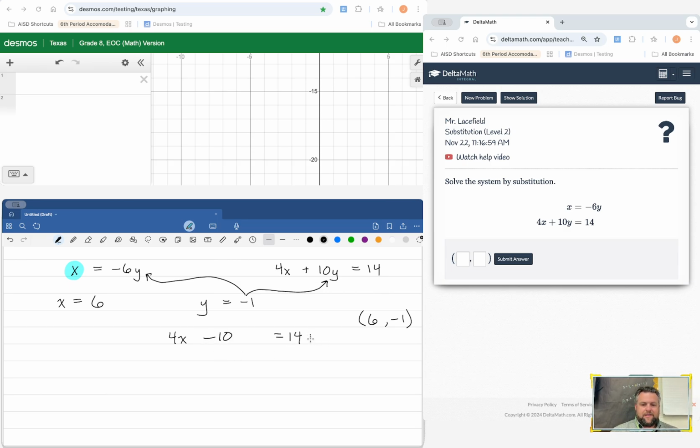We're going to add 10 to the other side, so we get rid of this. 14 plus 10 is going to be 24. We're going to take 4x over here just a little bit. We're then going to divide both sides by 4. That gives us 24 divided by 4, which is 6, which is the same value that we were looking for. So 6, negative 1.